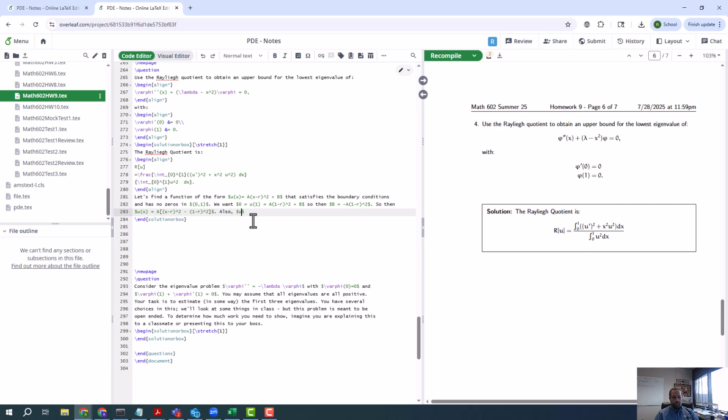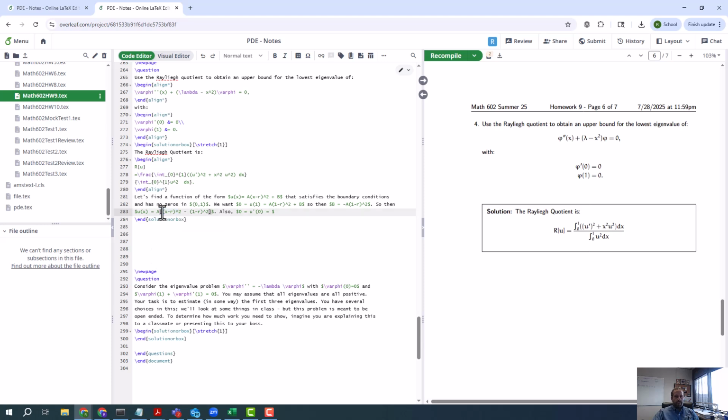Also, we want u prime of 0 to be equal to 0. So 0 is equal to u prime of 0. If we take a derivative here, the derivative of the constant part is 0, and the derivative of the squared part is 2 times (x minus r).